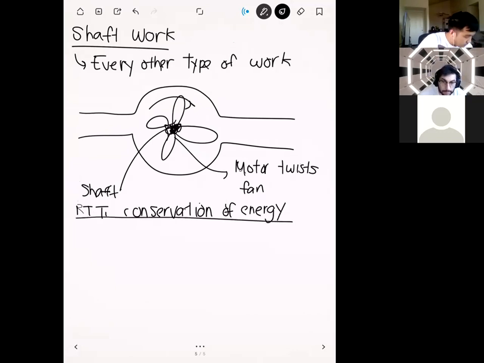We have partial derivative with respect to t of the integral of e rho dV.